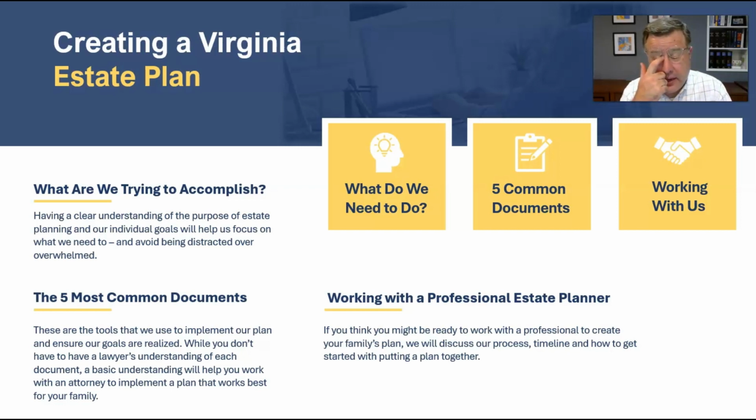But a lot of times when we're talking about estate planning for most regular people like you and me, there are probably about 5 documents that we're really going to be focusing on. And if you have a basic understanding of these documents and what they do, it doesn't have to be super technical, you're going to be ahead of the game when it comes to putting your estate plan together.